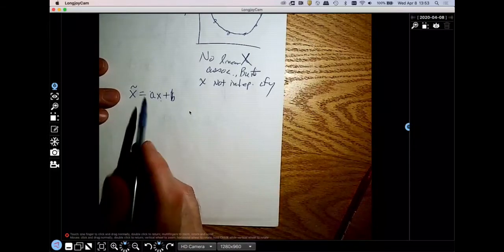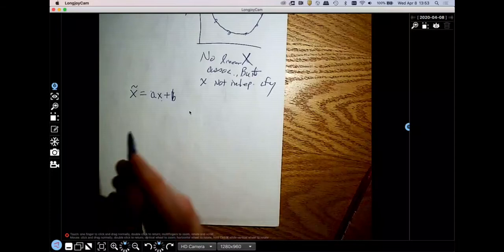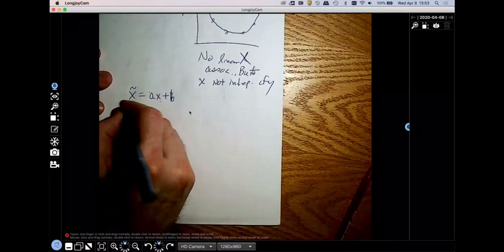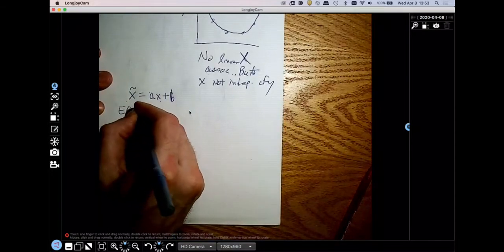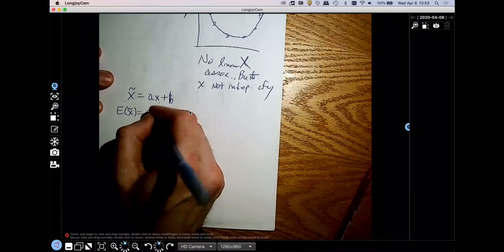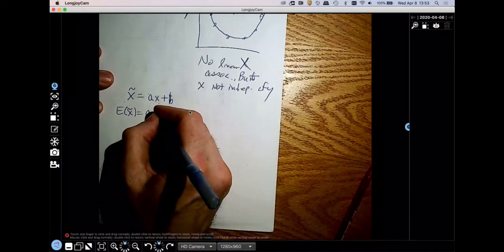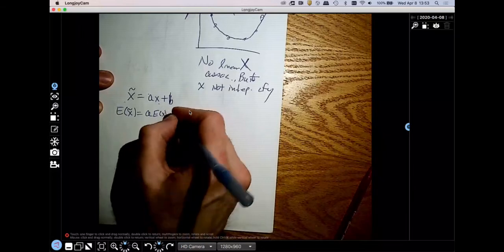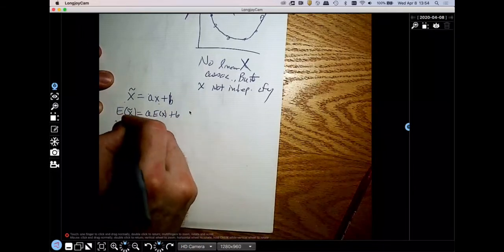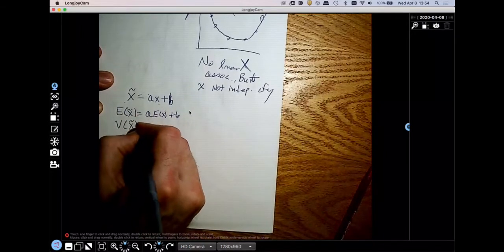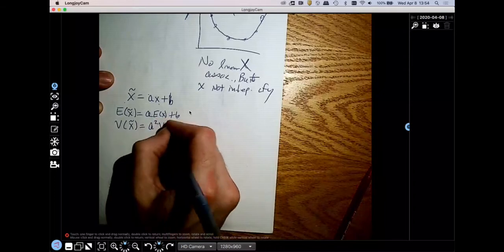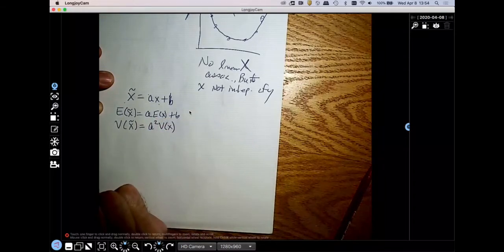So what I'd like to note is the expected value of x tilde is going to be a times the expected value of x plus b. The variance of x tilde will be a squared times the variance of x.